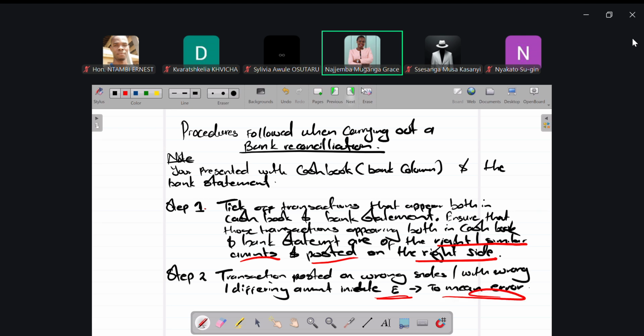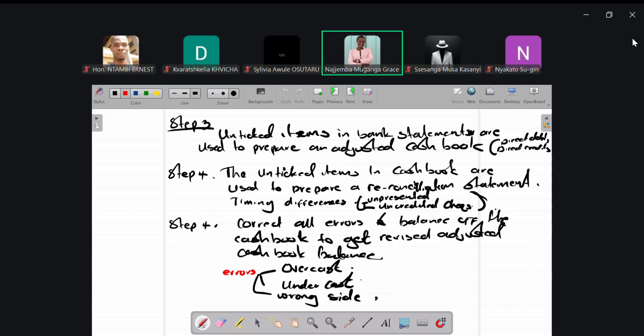So if you've done that correctly, what remains should now be entered in the cash book. So what remains is used to prepare an adjusted cash book. So we are saying what remains unticked in the bank statement goes where? To the cash book, meaning you're cross-checking the bank statement and opening up a new adjusted cash book.